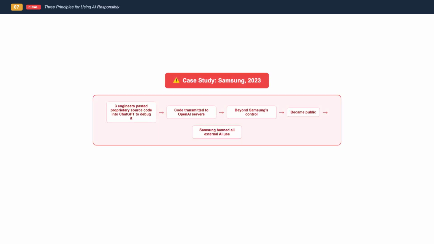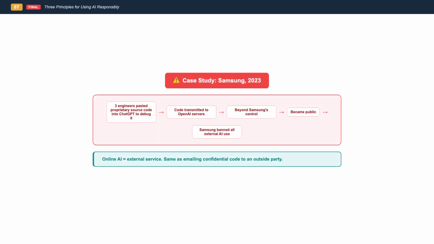Now let's look at a real case study that shows what happens when Principle 2 is ignored. In 2023, 3 Samsung engineers were troubleshooting a semiconductor issue. They pasted proprietary source code directly into ChatGPT to get help debugging. The problem was that the moment they did that, that code was transmitted to OpenAI's servers, beyond Samsung's control. Samsung had no way to recall it, delete it, or control how it might be used.